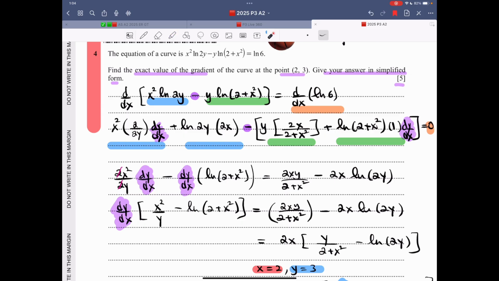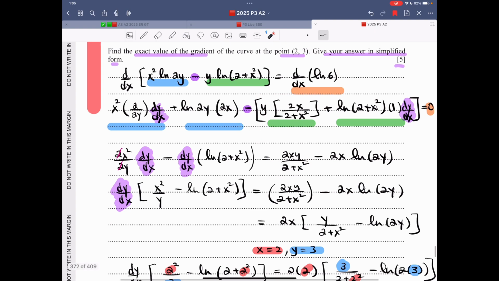What is everything on the inside? 2 over 2y, that is 1 over y, into x squared over y. This one is ln(2 plus x squared), that is inside this bracket. This is 2x into ln 2y. It was positive, taken to the other side becomes negative. This one was negative, taken to the other side becomes positive.